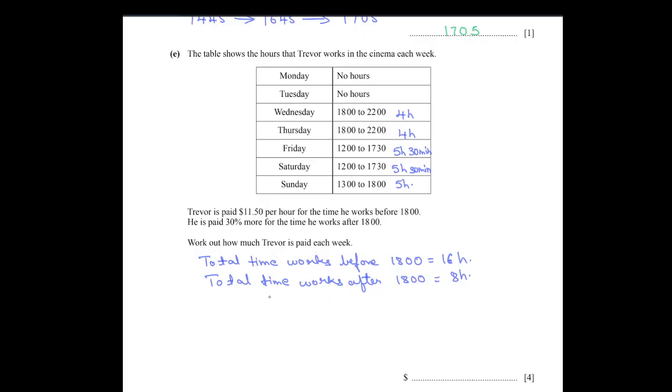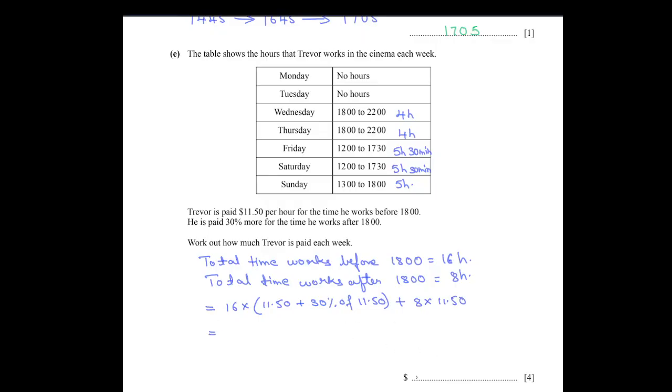Now we need to find the amount he is earning. Per hour they are giving 11.50 if he is working before 18. So 8 into 11.5 straight away you need to do. But 16 you have to multiply with 11.5 plus 30% of 11.5. Okay. So 16 multiplied by 11.5 plus 30% of 11.5, then plus 8 into 11.5.